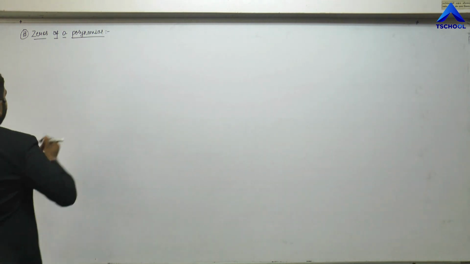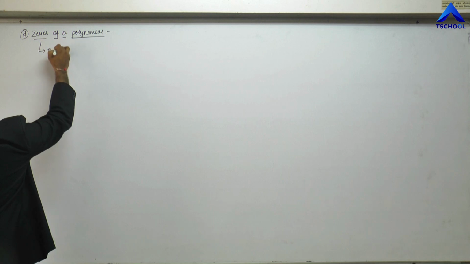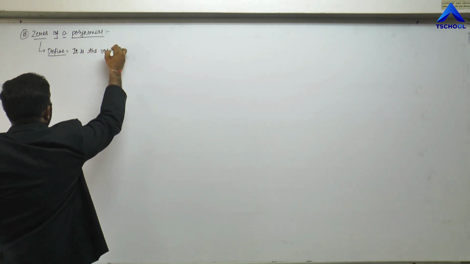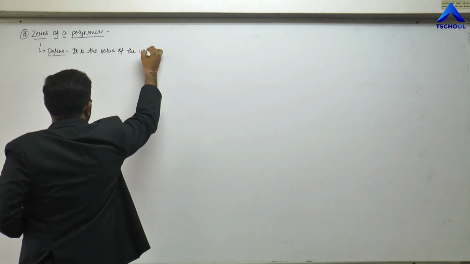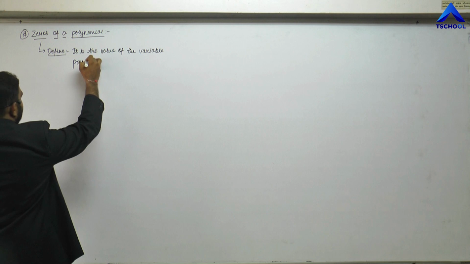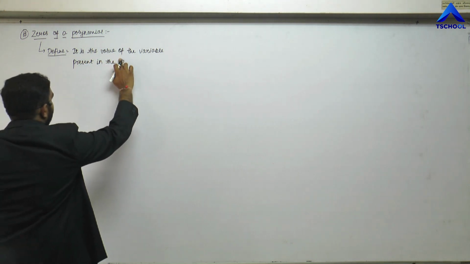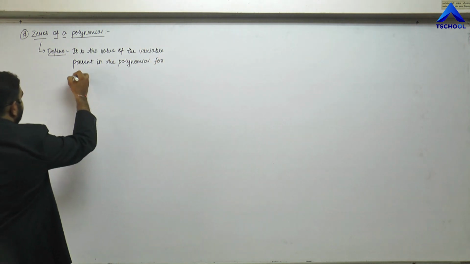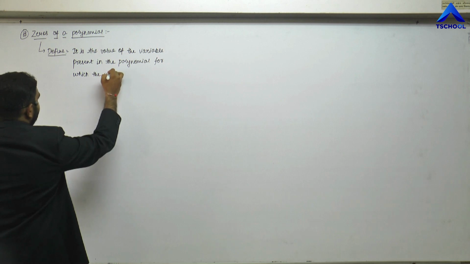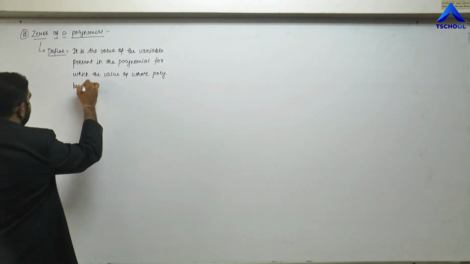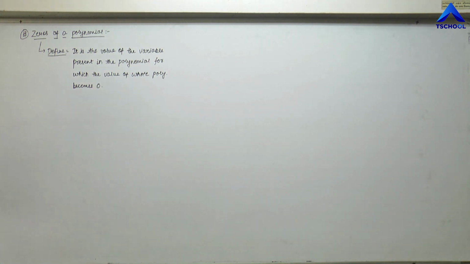Let me write down the definition, basic definition according to me. It is the value of the variable present in the polynomial or present in the question, for which the value of the whole polynomial becomes 0.